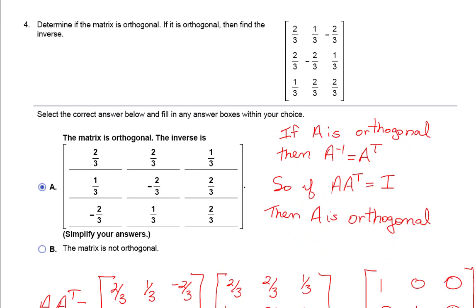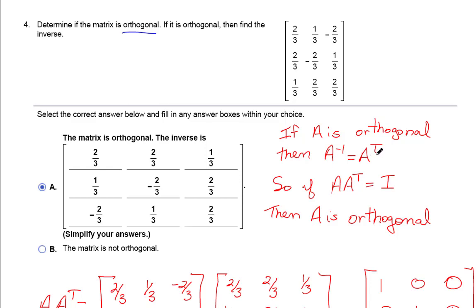In question 4, I want to determine if A is orthogonal again. In this case, it's a 3 by 3, so I'm not anxious to go try to find A inverse. Well, let's see. If A is orthogonal, then A inverse will be the same as A transpose.